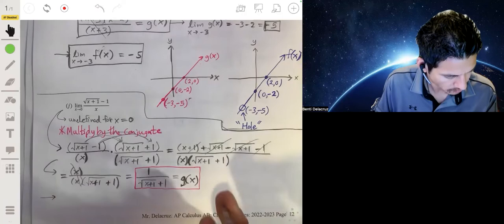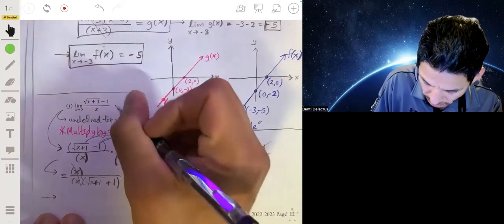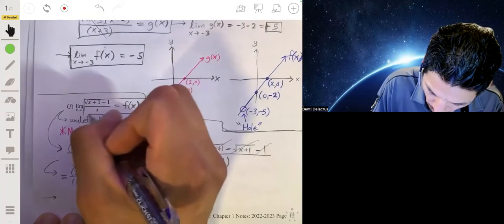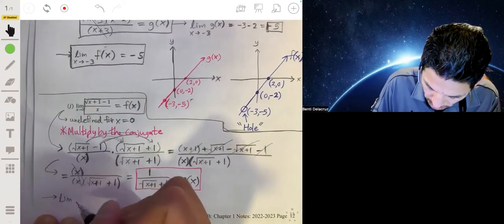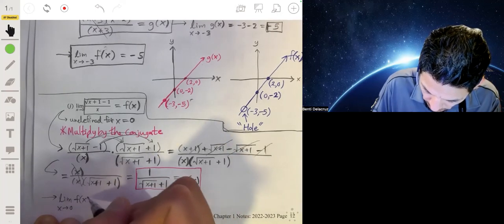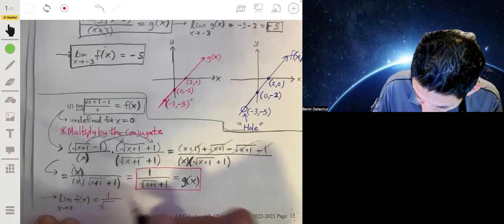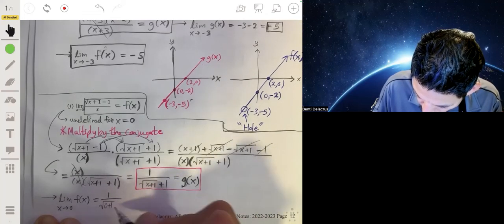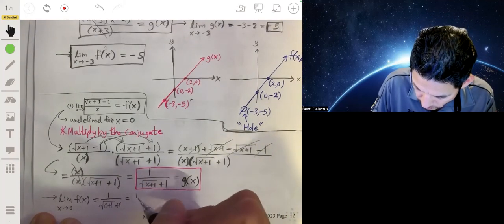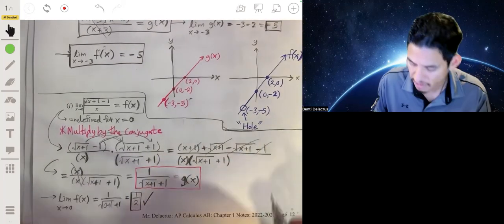So then, again, if we make this our f of x, assuming this is our f of x, we can say the limit as x approaches 0 of f of x will be equal to 1 over the square root of 0 plus 1, plus 1. So 1 over the square root of 1 plus 1, so 1 over 2. And that's your answer. There we have it.